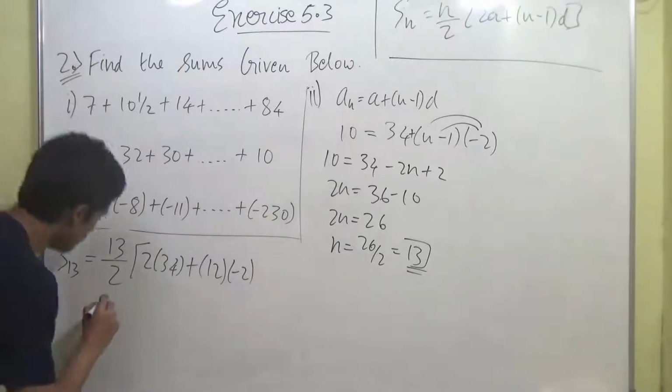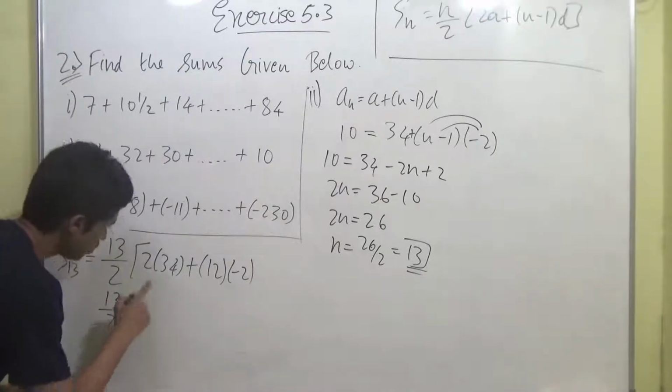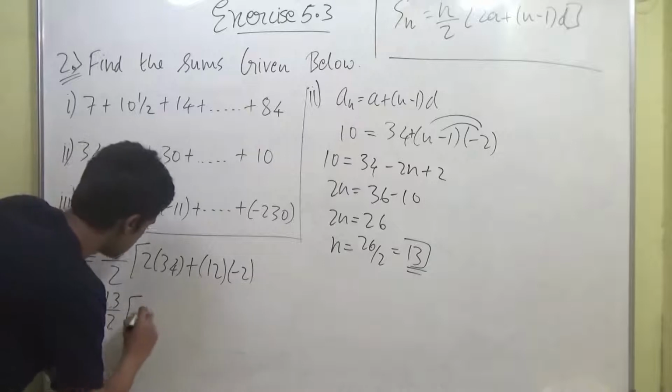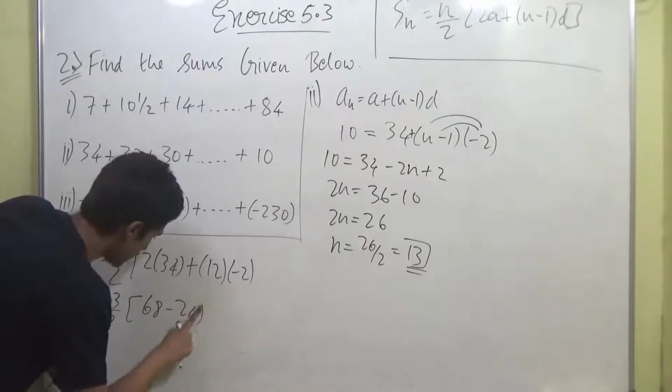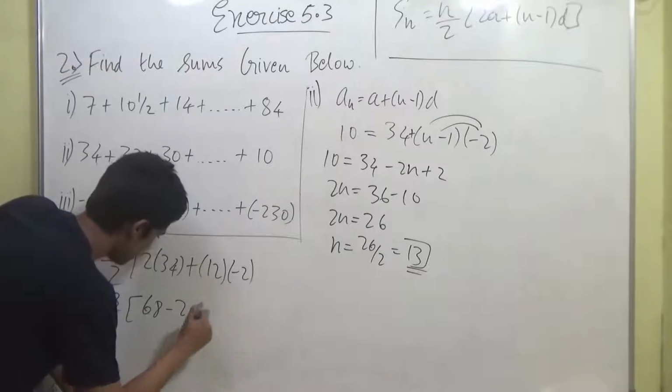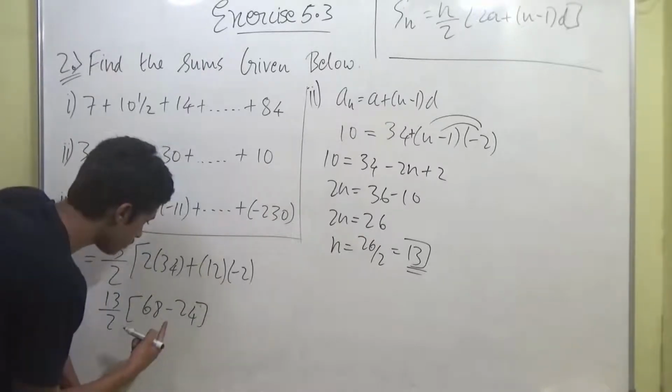So this will become 13 by 2 into (68 minus 24). Getting it, guys? 68 minus 24 will become 44.